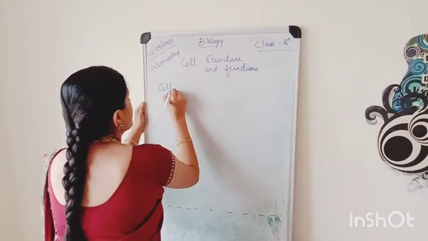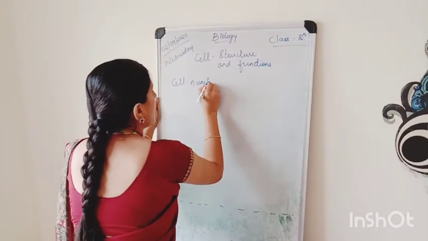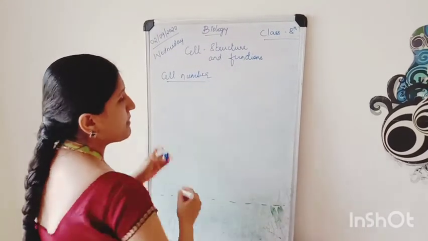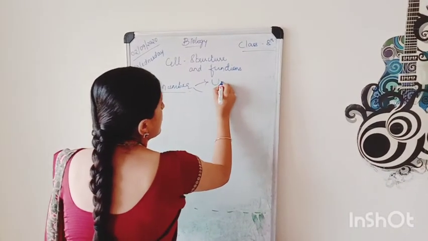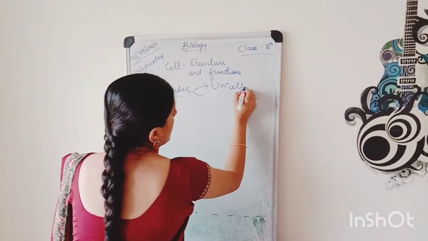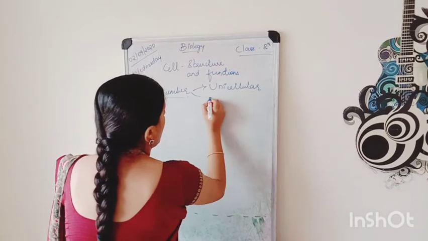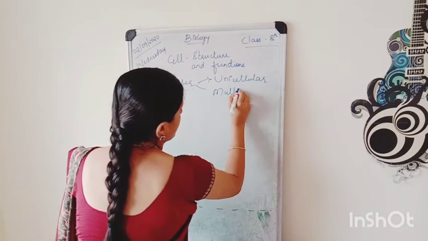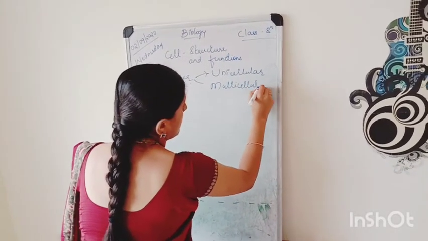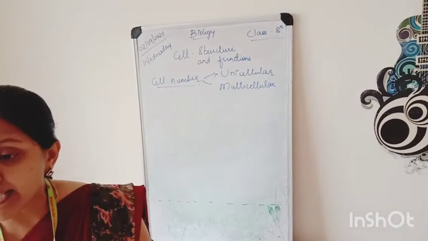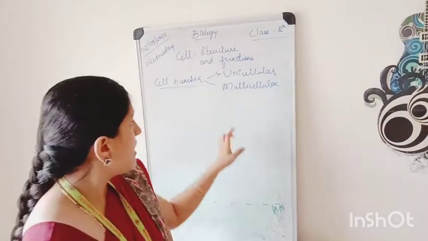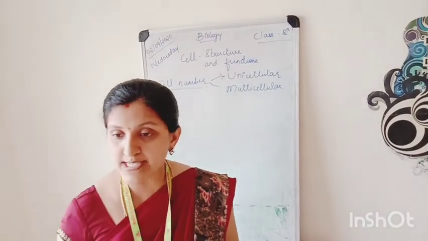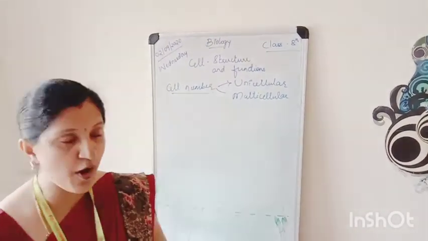So based on cell number, there are two types: unicellular and multicellular. If only a single cell is present, we call it unicellular. If more than one cell is present, we call it a multicellular organism.